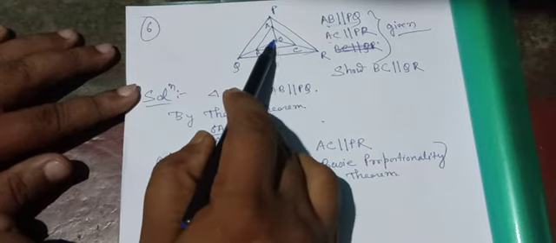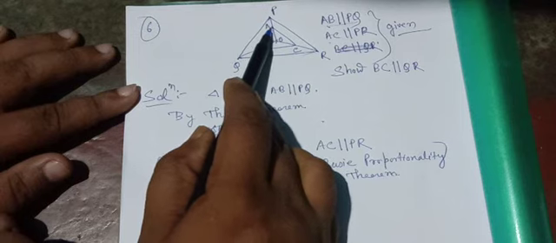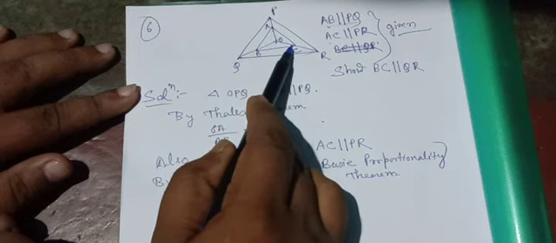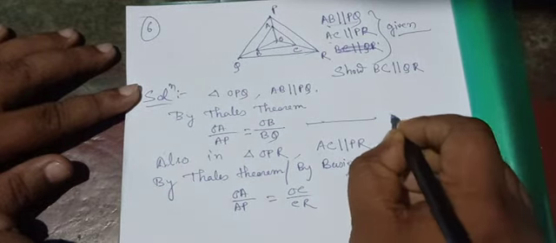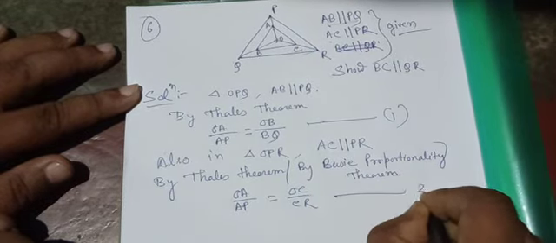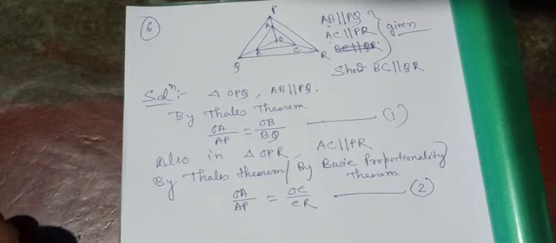Hope you were able to understand that OA by AP is equal to OC by CR in this triangle. So this is my equation number 1, and this is equation number 2.